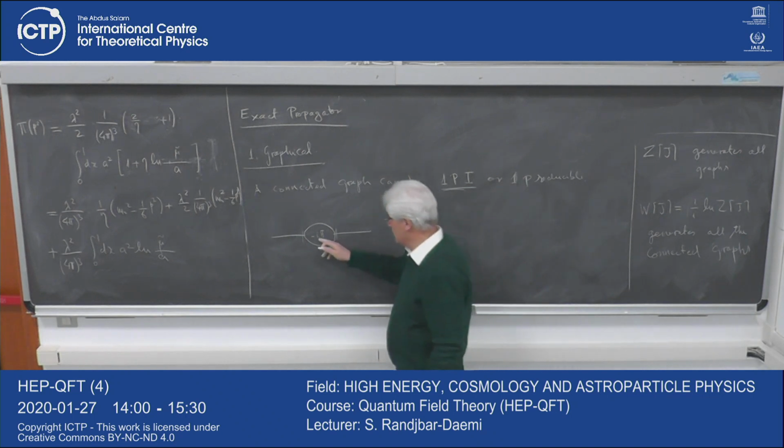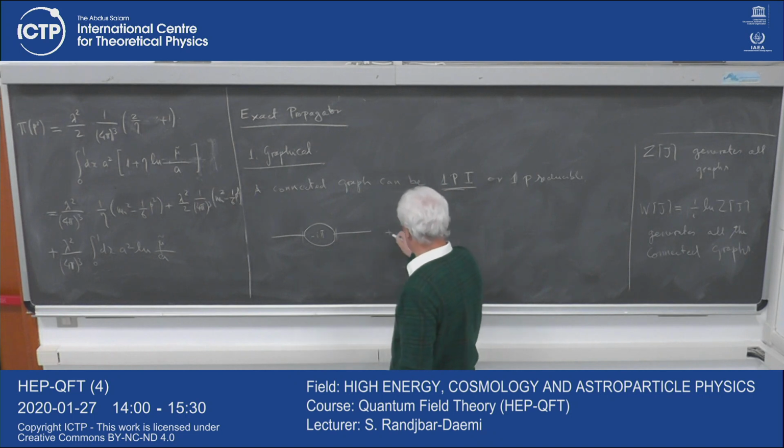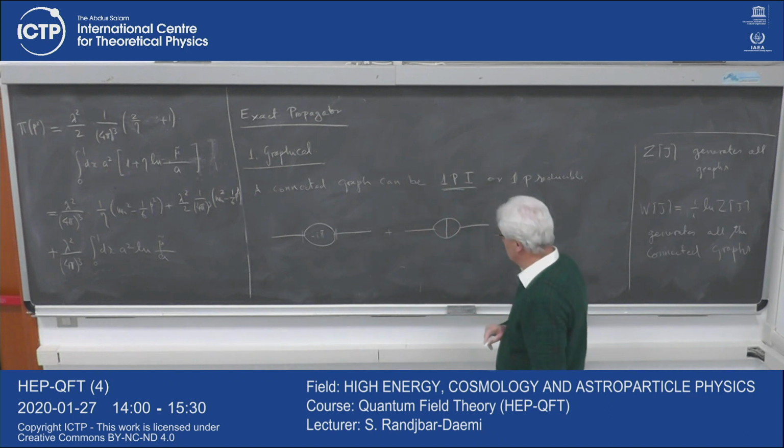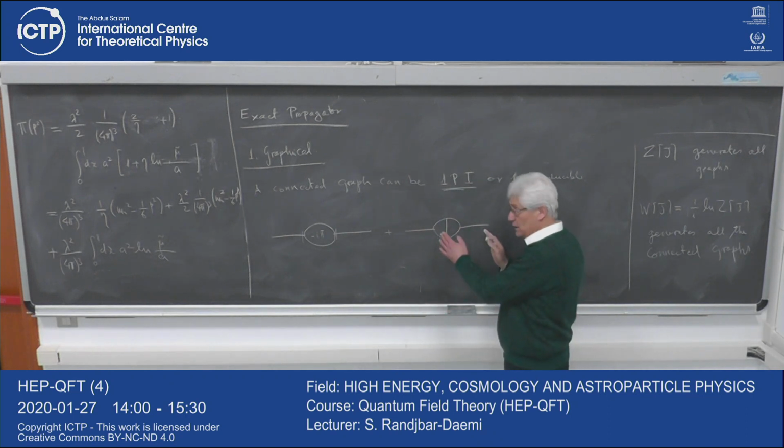If you go to higher corrections to the same object, there will be a graph like that. This is one particle irreducible, it's connected, but again, the information is contained in this piece. Okay?